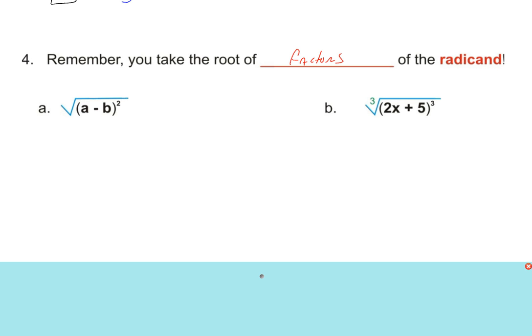So, can we take the square root of this? What do you get if you take the square root? A minus B. Do you know why you get A minus B?